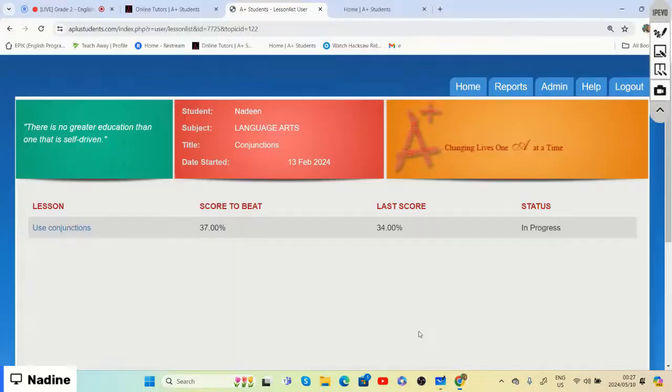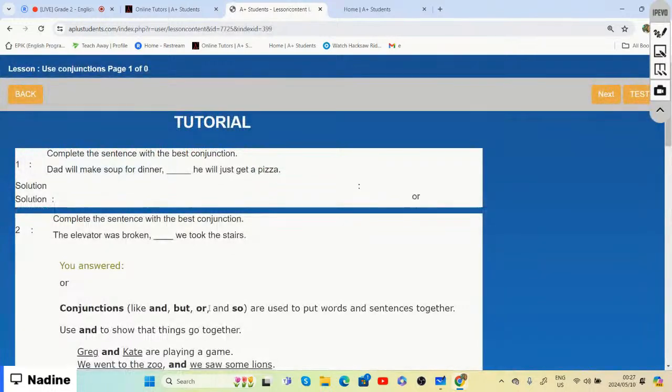All right, so now we're going to A plus students.ca, and we said our chapter is conjunction, and the lesson that we're going to be focusing on is to use conjunctions. Yes, and is correct.